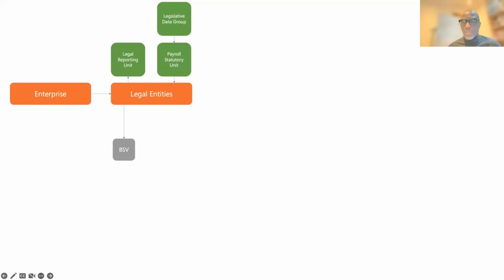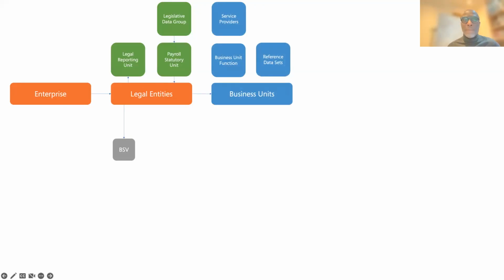So BSV is a segment within the accounting structure that identifies the entity where the books need to be balanced by. But again, I said, hold that thought for a moment because we're coming back to it. Let's look at the organization structure. So within the organization structure, you have something called a business unit, which is linked to your legal entity.